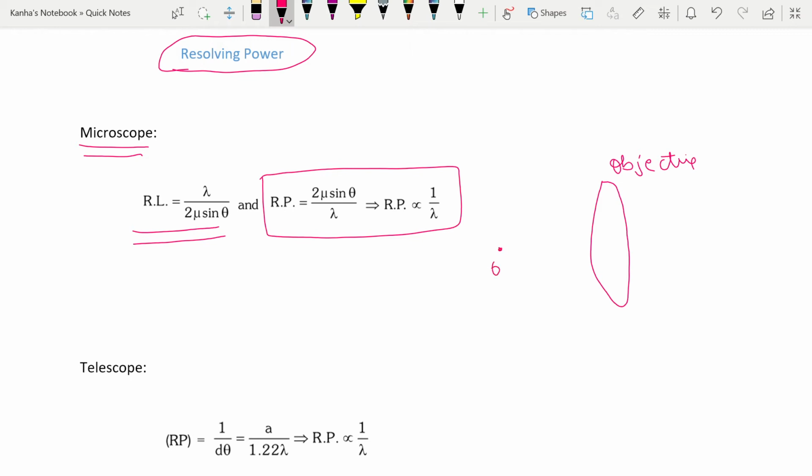Let's say this is your object, and theta is this half angle. So you can easily see that your resolving power is the inverse. Always remember this: resolving power is the inverse of the minimum distance between two lines which can be known to be distinct. So it's the inverse of your resolving limit.